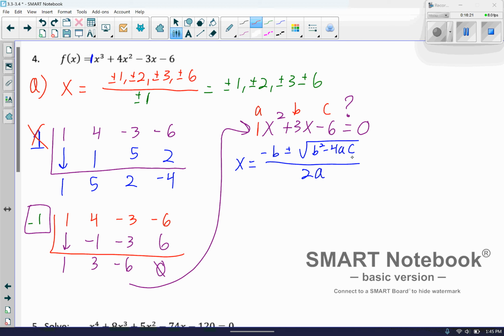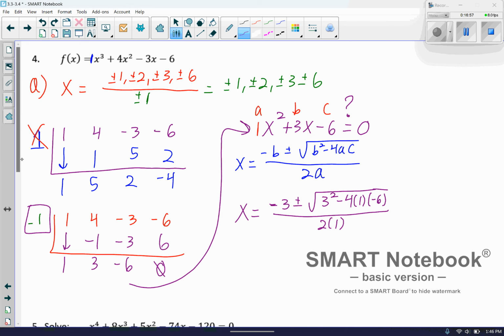We want to substitute those in there and simplify it, and that will find us our other two solutions for this particular equation. So we're going to have x equals negative 3 for my B value, plus or minus the square root of 3 squared minus 4 times a times c, all divided by 2 times a, so 2 times 1.